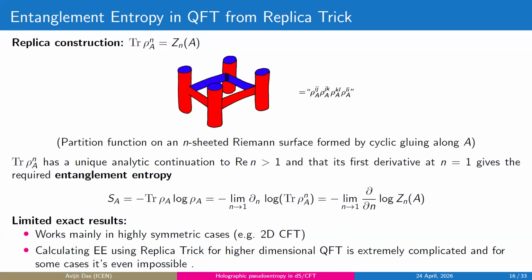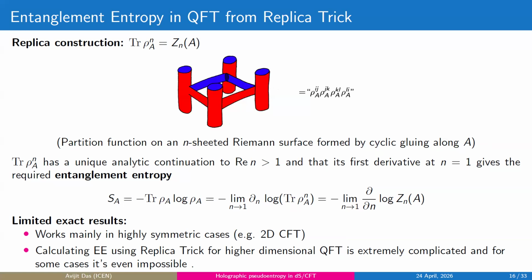Once you do that, what you have done basically is create a Riemann surface with n sheets, glued at the subregion A. Then calculating the entanglement entropy is simply calculating the partition function for this n-sheeted Riemann surface. And once you do that, you can take the n going to one limit to go back to your original calculation of entanglement entropy. So this is the process of how we calculate entanglement entropy in QFT.